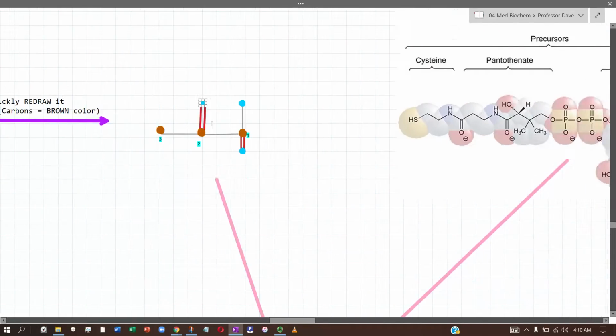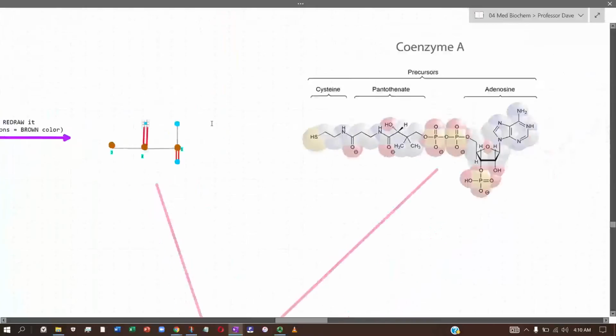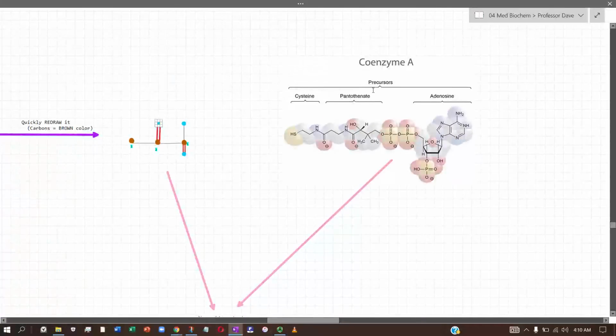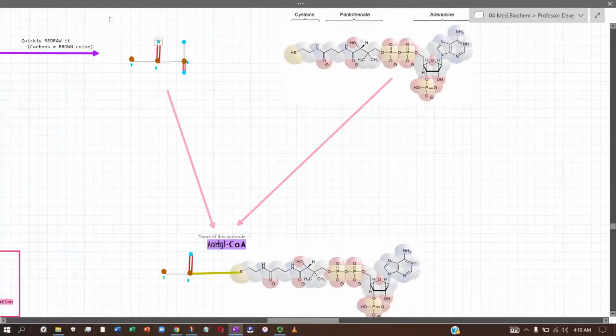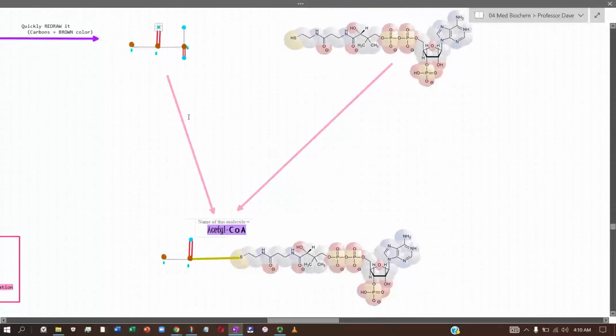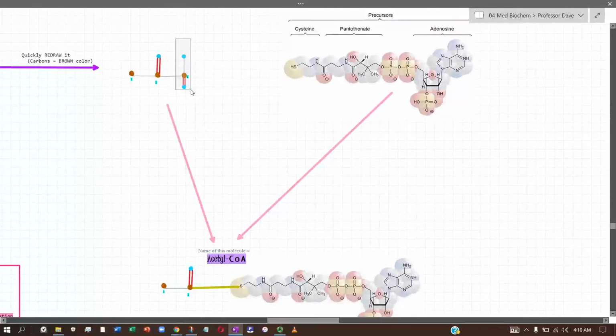Cool. So there's this molecule called coenzyme A. Here you can see a breakdown of its structure, and what happens is that the pyruvate molecule experiences decarboxylation.